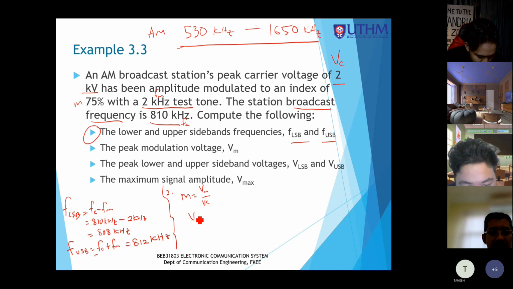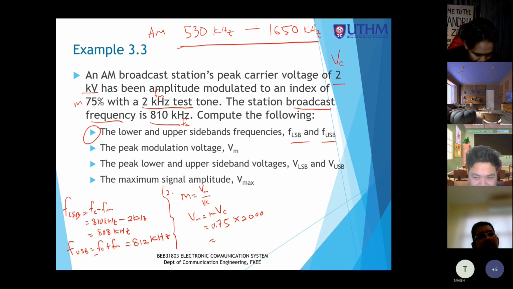So that means VM sama dengan M VC. So VM sama dengan M berapa? 0.75, 75%. Okay, darabkan dengan 2000. Okay, 2 kilovolt. Ni berapa? 0.75 darabkan dengan 2000. So you akan dapat 1500. Okay, senang.